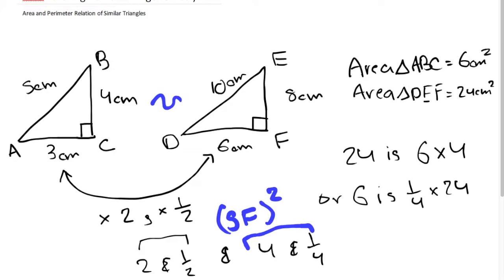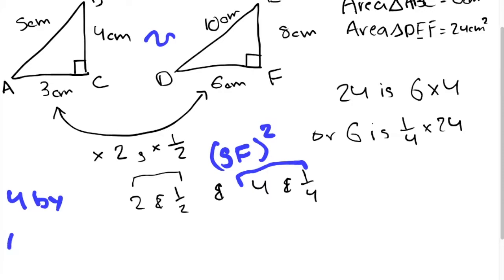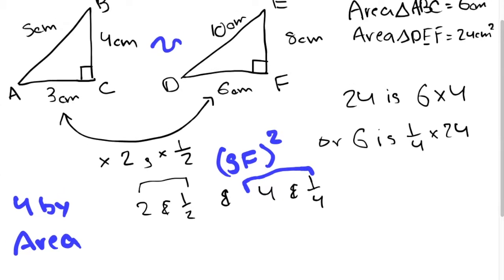All you had to do was square the scale factor from triangle ABC to triangle DEF, which was 2, giving 4, and multiply that by the area to get the area of triangle DEF.